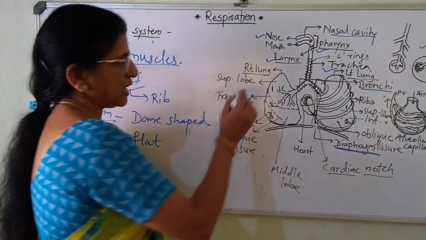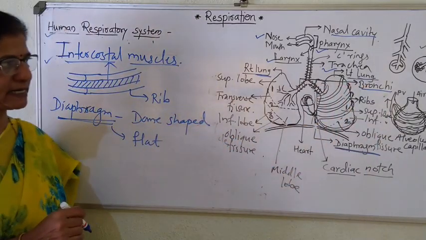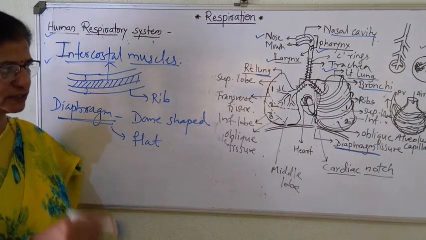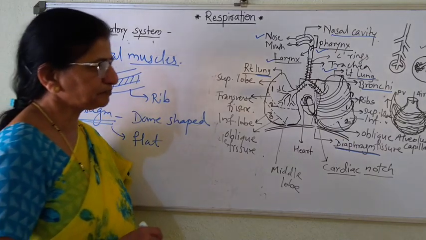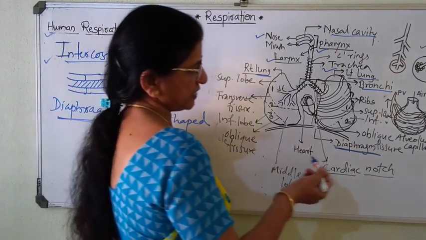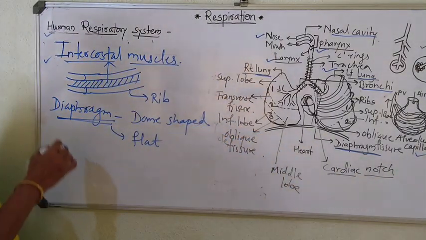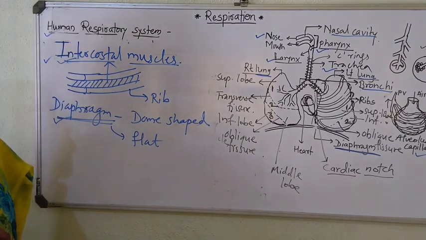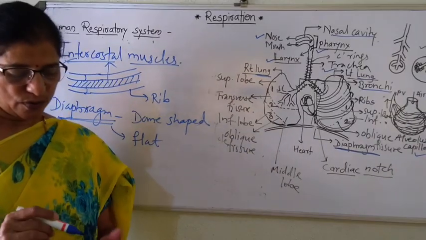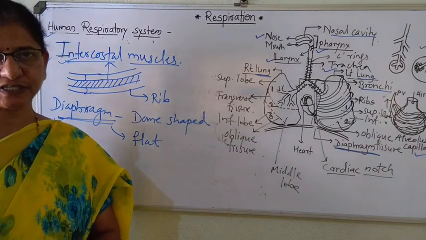Then we went to the lungs. We have gone through the lungs separately, right and left lung, their comparison and protections. Finally, inside the lungs, we studied the structure of the alveolus. And finally, we have summarized intercostal muscles and diaphragm. So go thoroughly through all these points of the human respiratory system.